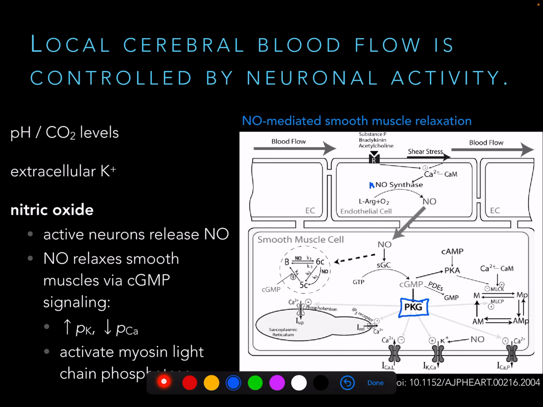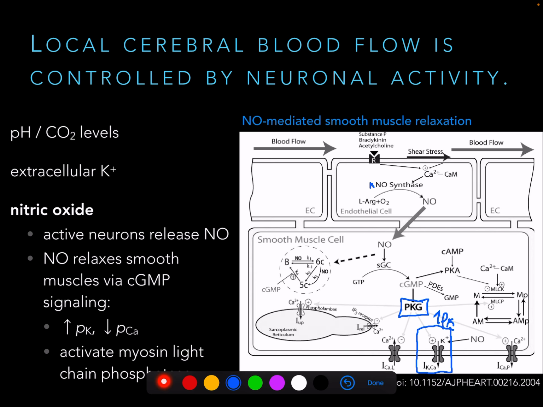So this kinase does a few things. First of all, it causes a little bit of relaxation by increasing potassium permeability. So again, we move toward potassium's reversal. In other words, we hyperpolarize.